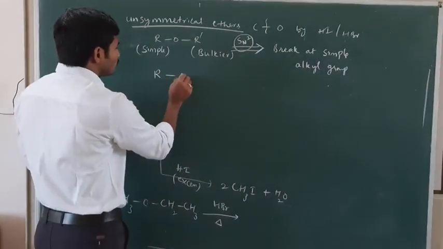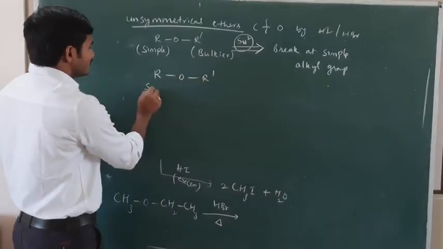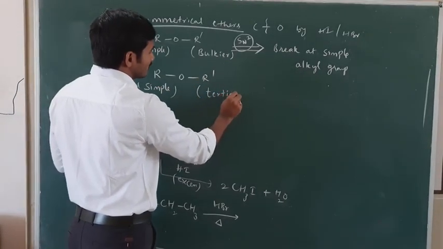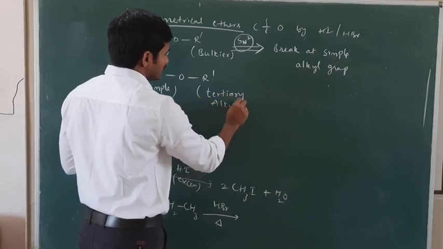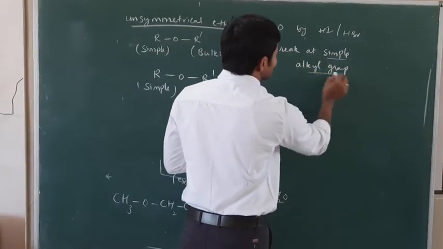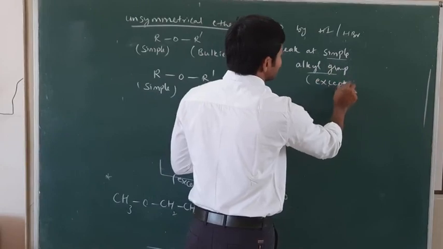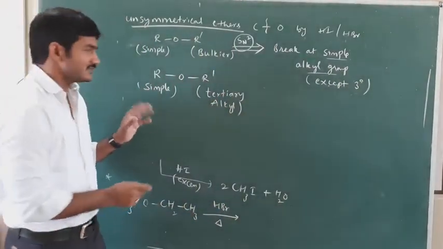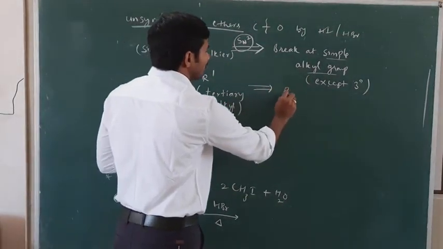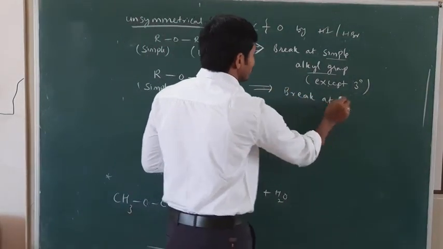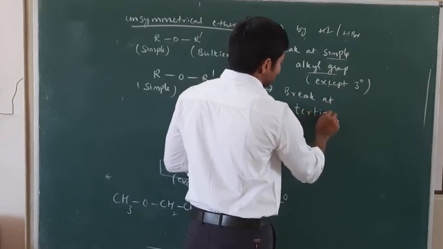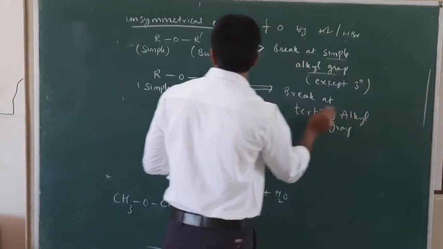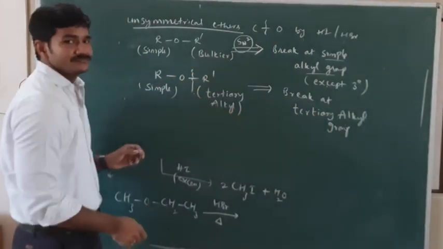If I take R-O-R', where one is simple and one is tertiary alkyl, remember: break at the simple alkyl group except tertiary. If a tertiary group is present in the ether, we always have to break at the tertiary group. Here it is tertiary, so we break here; here it is simple.